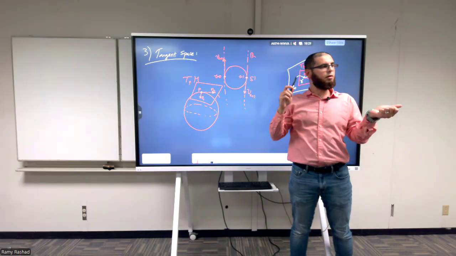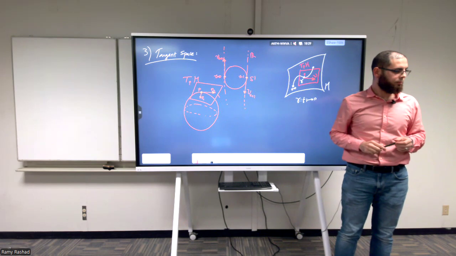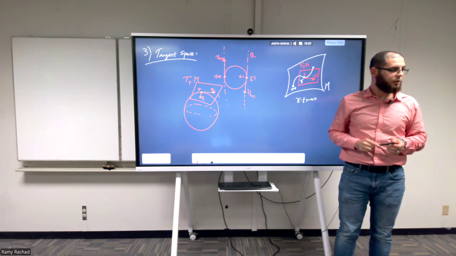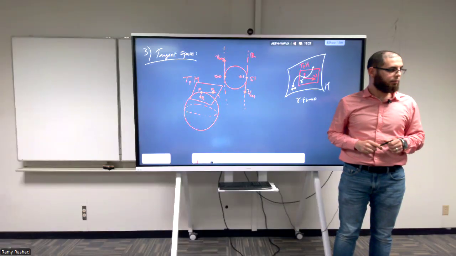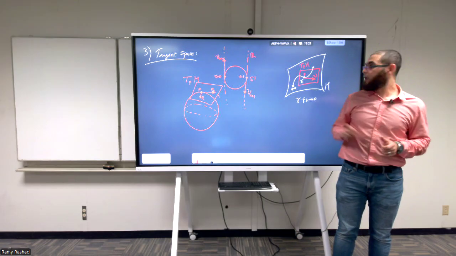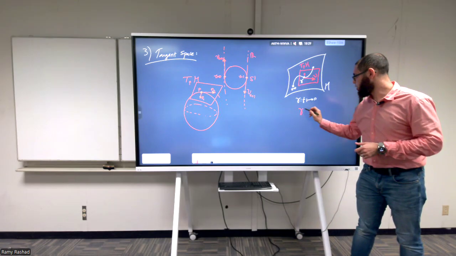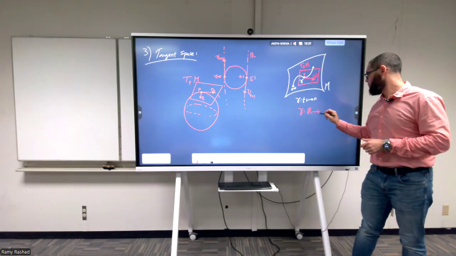Do you mean that for the circle we have only one basis vector? Yes, exactly. But the basis vector has only one parameter r, because the curve takes you from r to the manifold.